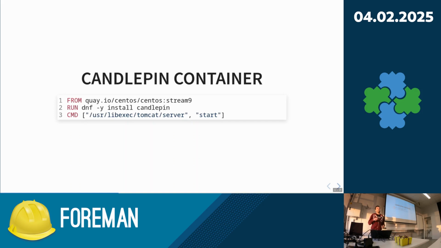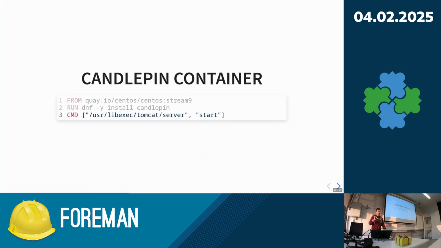Interestingly, it's also the easiest thing to deploy because you just need a CentOS container. We picked CentOS Stream 9 because that's what everybody else is using today. Let's ignore the fact that you need to configure repositories here. We then just go dnf install candlepin, and if you ever want to actually run it, we define a command in the container file for how to start Tomcat.